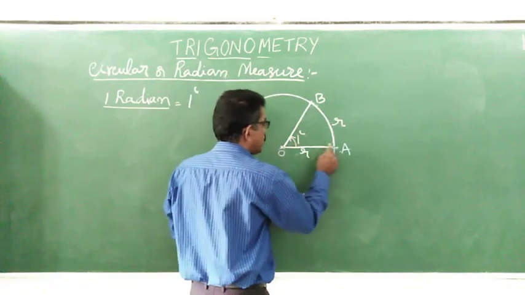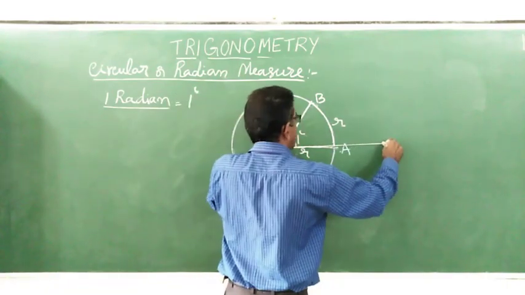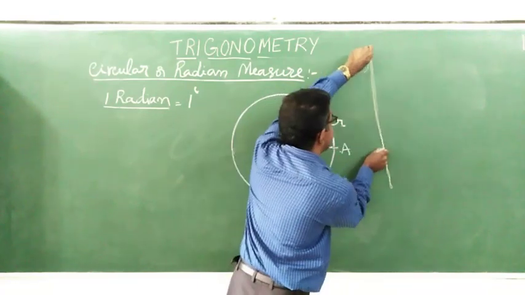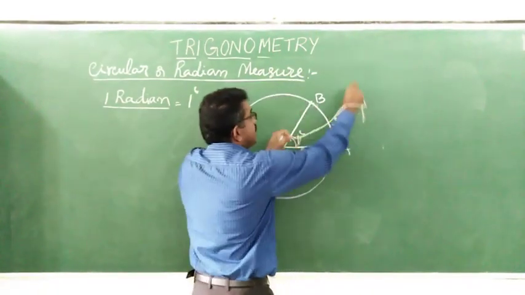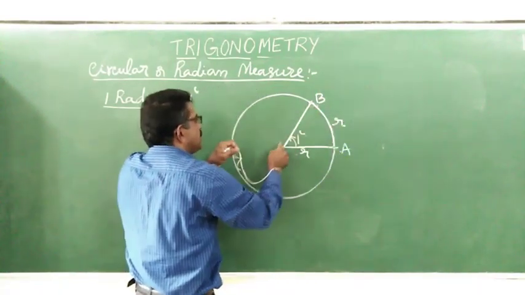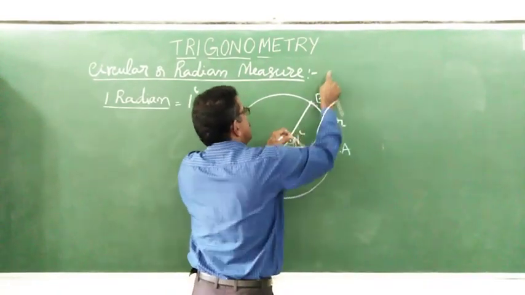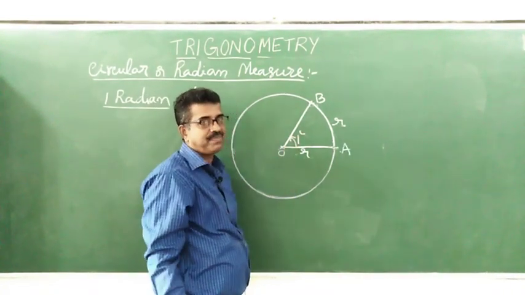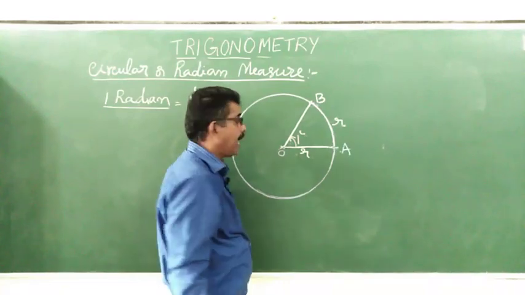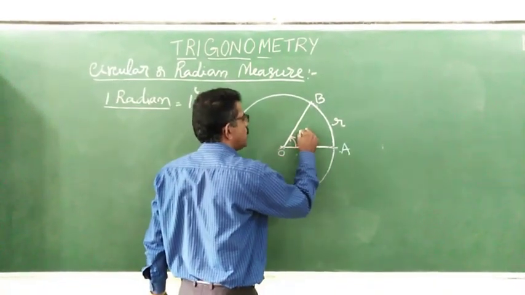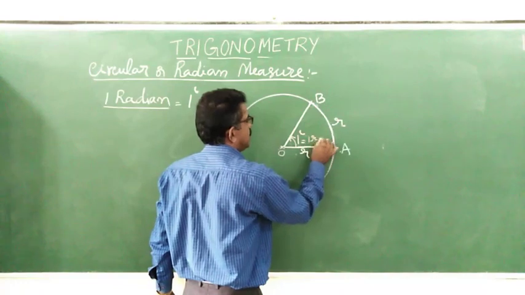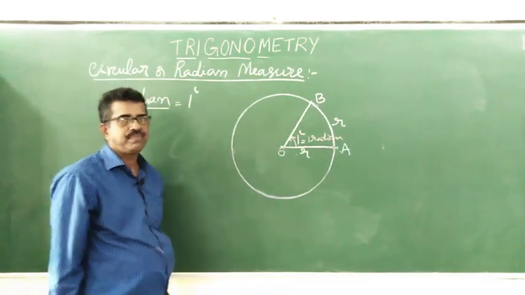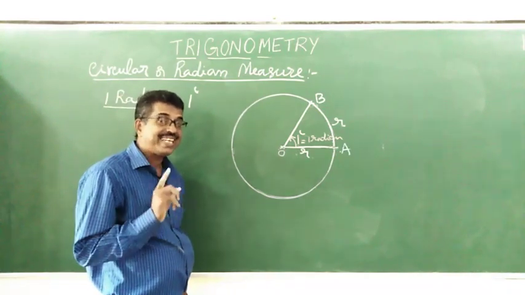Suppose I take this as the radius and the point A here, then the same radius here, and the point B will be somewhere here. The lengths are different, but the angle at the center will be the same. And this is simply known as one radian. What is the radian?